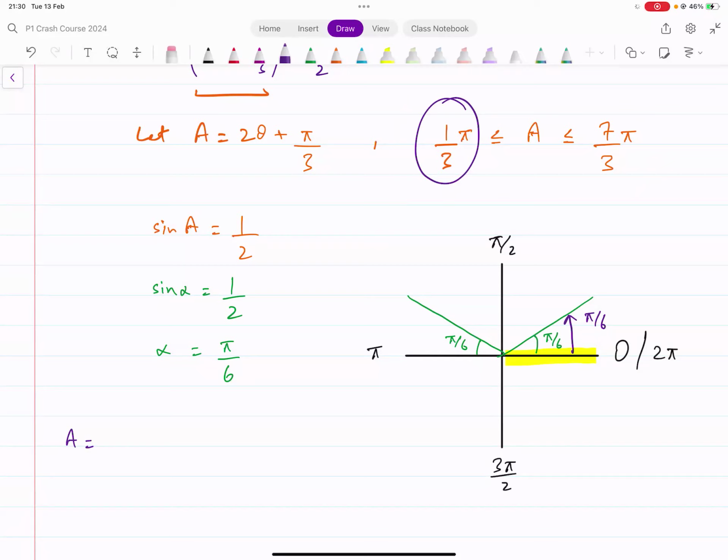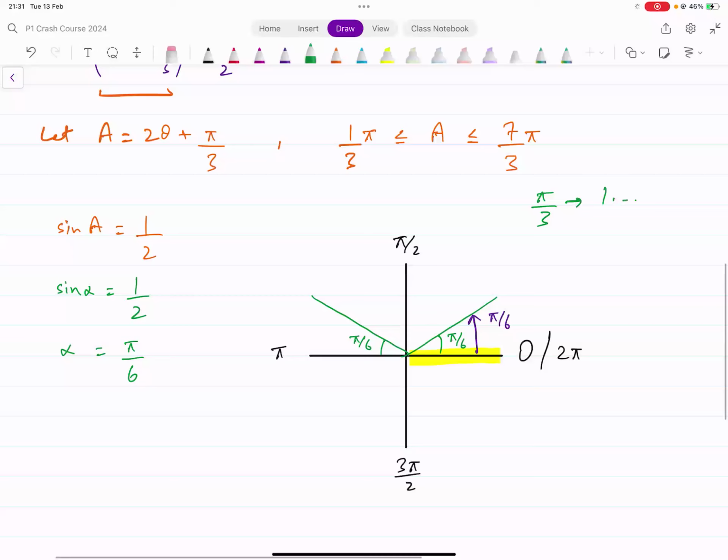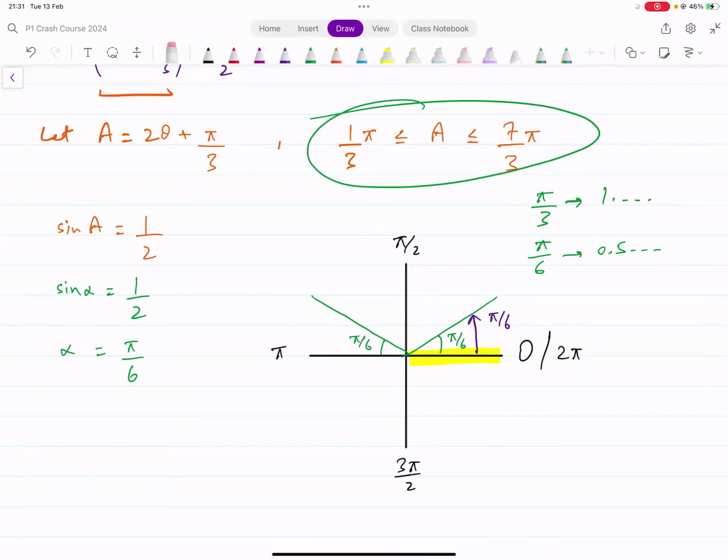If you're confused, you can compare the fractions 1/3 and 1/6, right? 1/3 is where it's starting from. 1/6 is what you have here. 1/6 is clearly smaller. 1/3 is bigger. If you are unsure, just do this on your calculator. Put pi/3 on your calculator, that will give you 1 point something. Do pi/6, that will give you 0.5 something. So clearly, pi/6 is smaller. That means it's not in this interval. It does not fall in this interval. So you do not have to consider that. Okay.